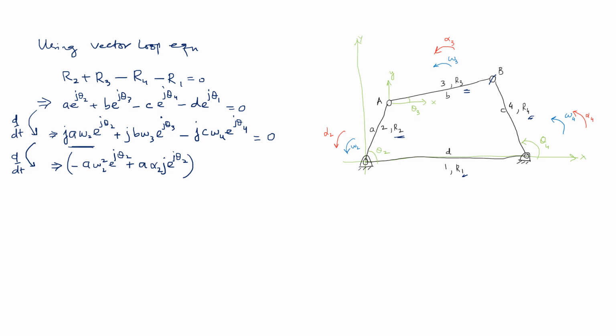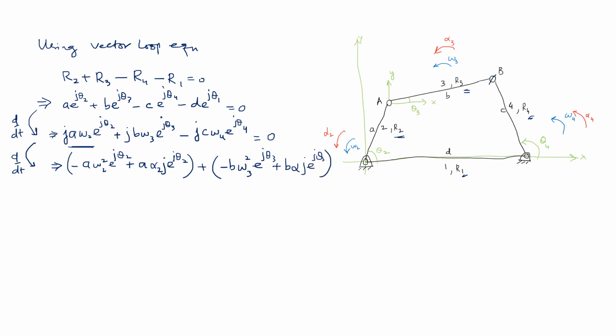Then you have another set of terms, which is minus b omega 3 squared e raised to power j theta 3 plus b alpha 3 j e raised to power j theta 3.